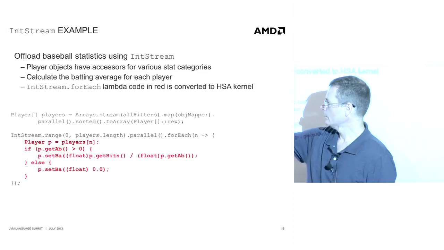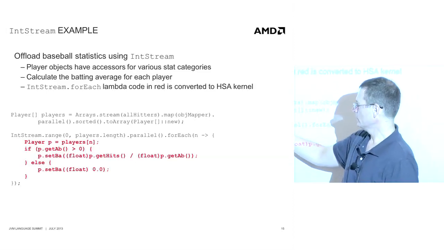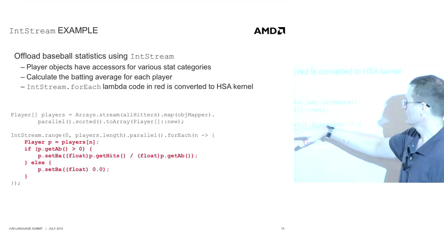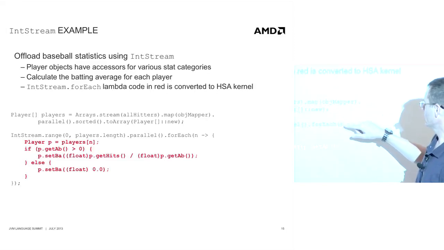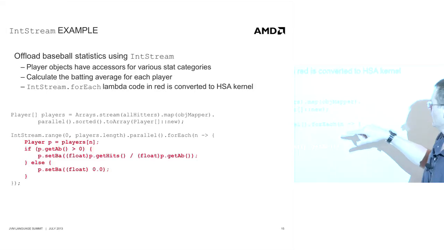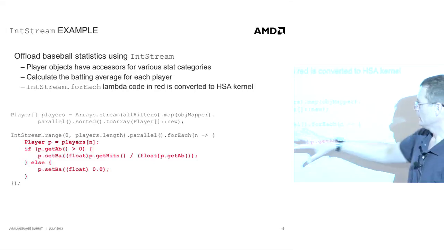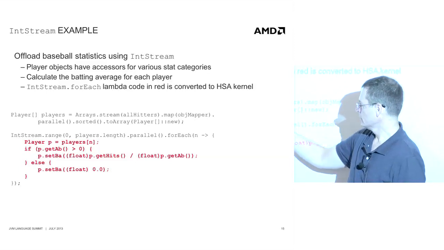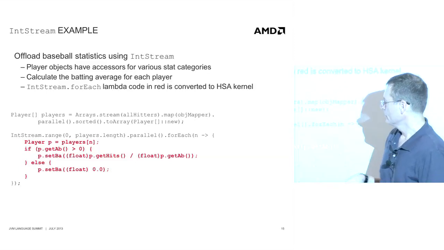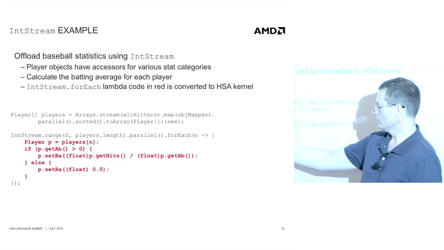Then I create an in-stream range to my array size, players.length. Again, I have my parallel keyword with forEach. So now it means it's going to execute the kernel for each value of n and do this algorithm. The players array will be a capture coming into the kernel. And then it just does this division with this one comparison.